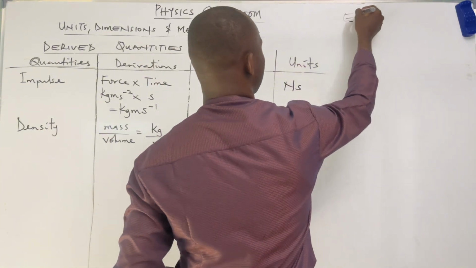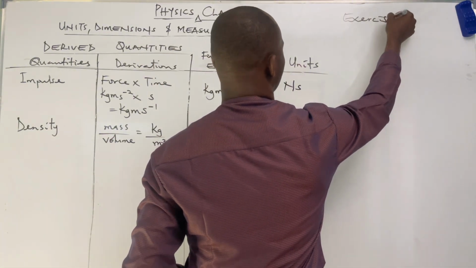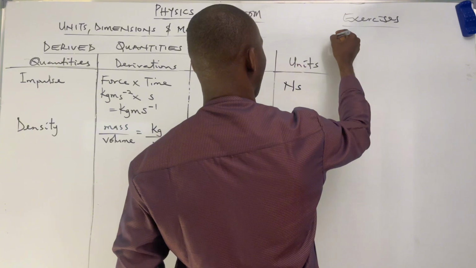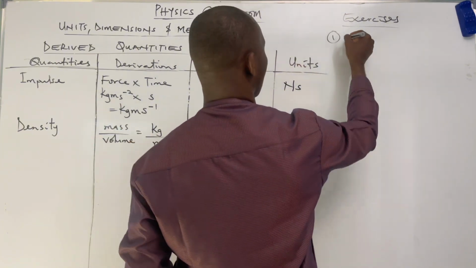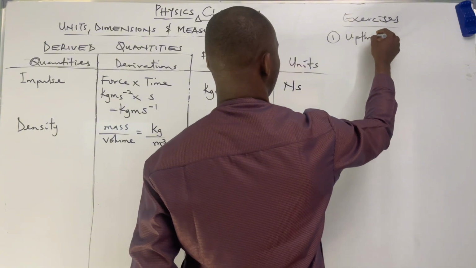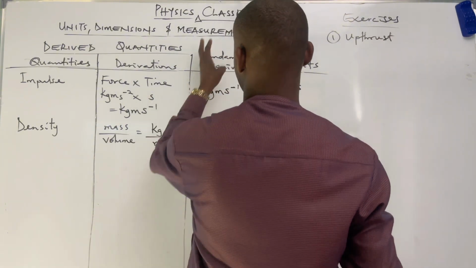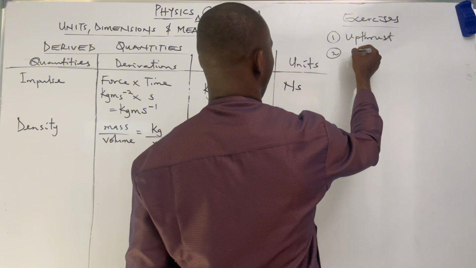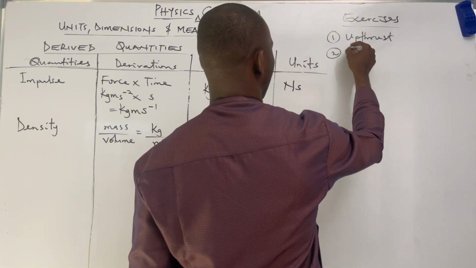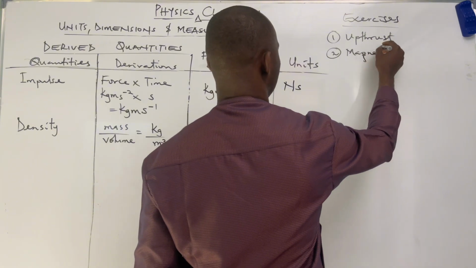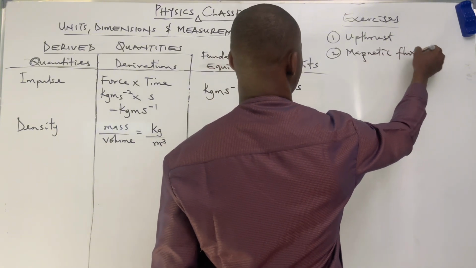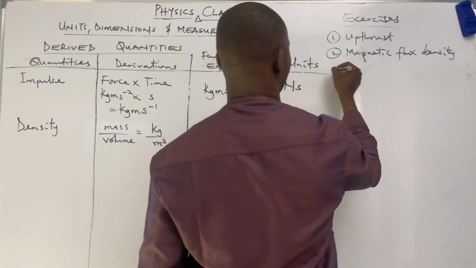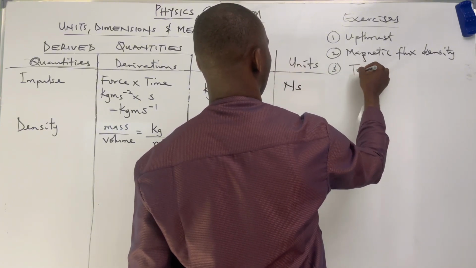The exercises include this. I want you to do the same for upthrust. You can see the way I've been deriving it. I'll place the fundamental equivalent and unit. You do that for upthrust. You do that for magnetic flux density. You do that for torque.